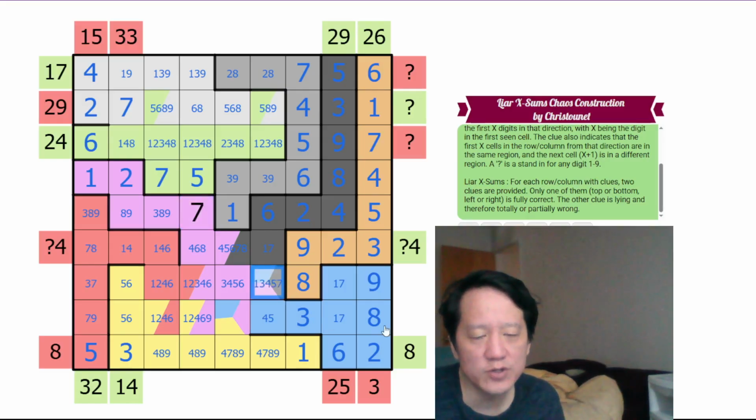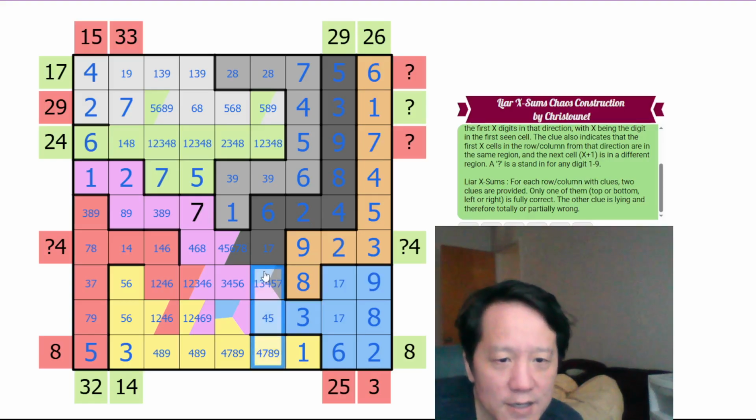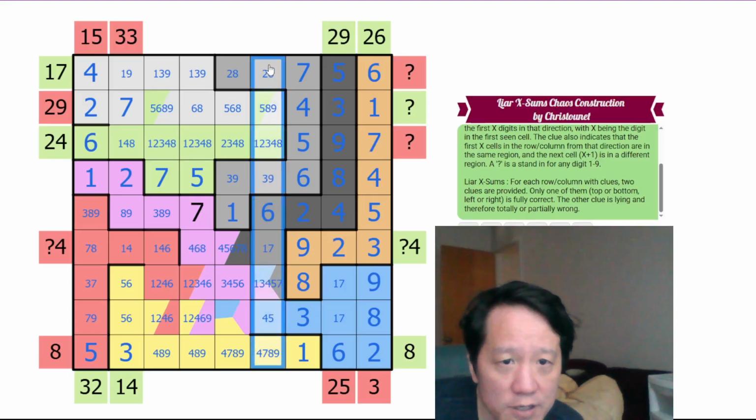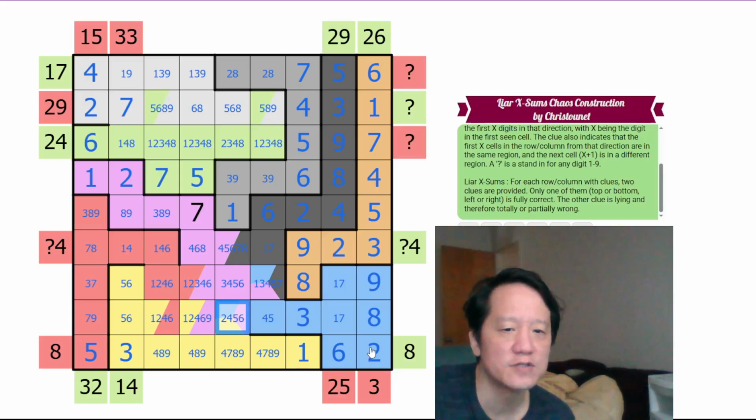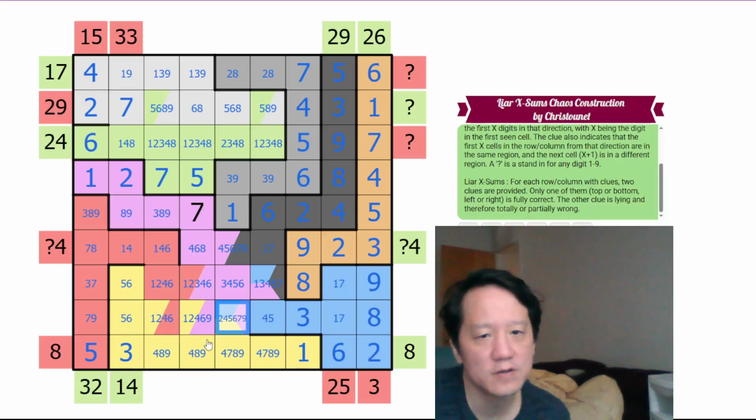So this cannot be 2. That's it. So 2 in column. This digit can be 2, 4, 5, 6, 7, 9. Okay. So that's pretty broad.